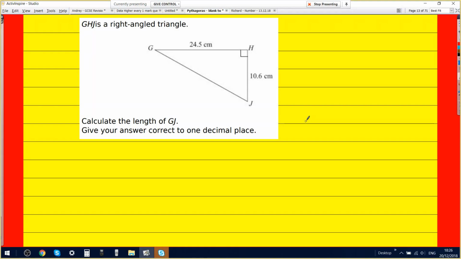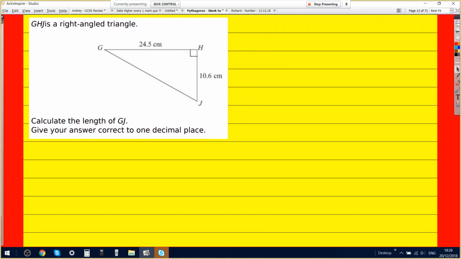You square them first. Okay, 24.5 squared is 600.25.